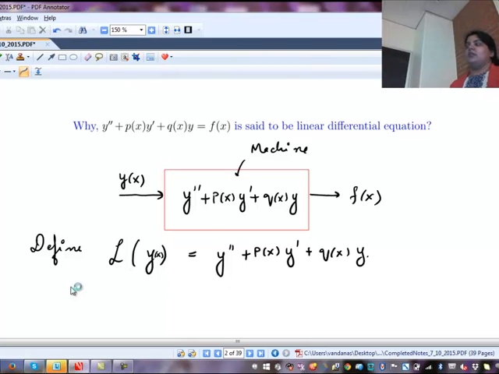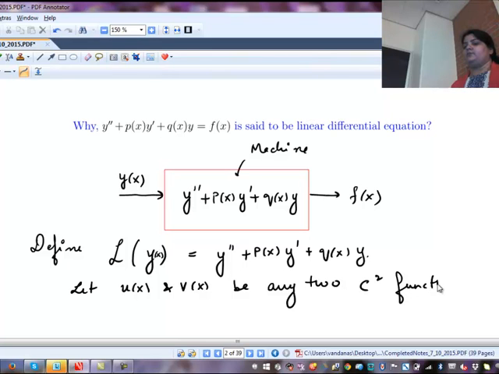Now in order to check linearity, let u(x) and v(x) be any two C2 functions. The reason I consider C2 is because we are taking a double derivative, so we are assuming these functions to be differentiable twice. We don't need the derivative to be continuous, but just to be on the safer side, I consider C2.